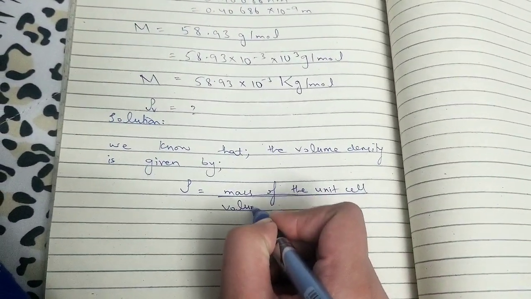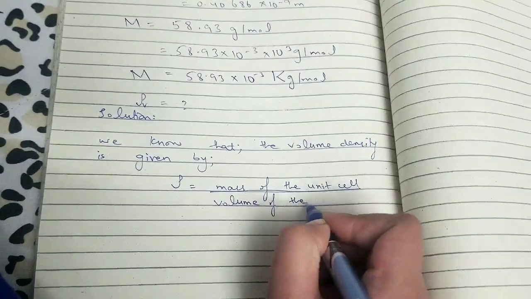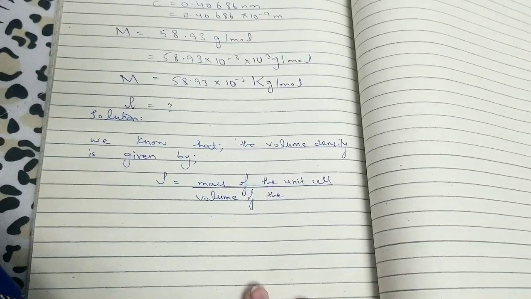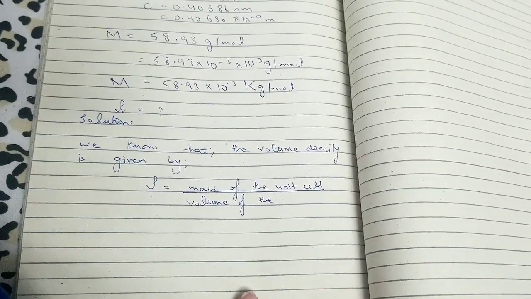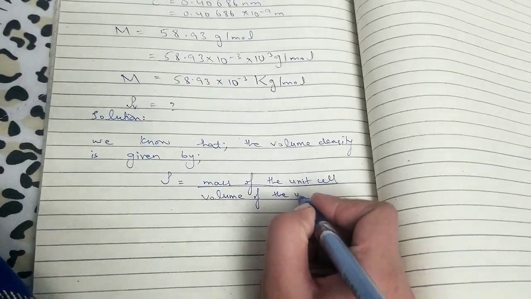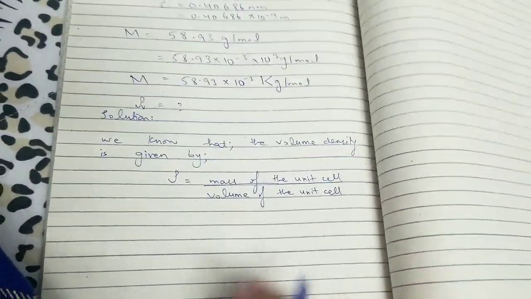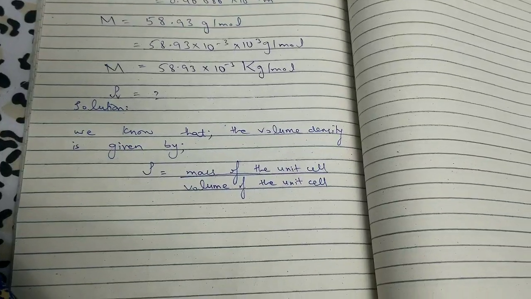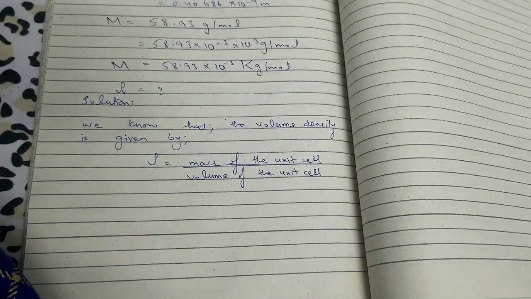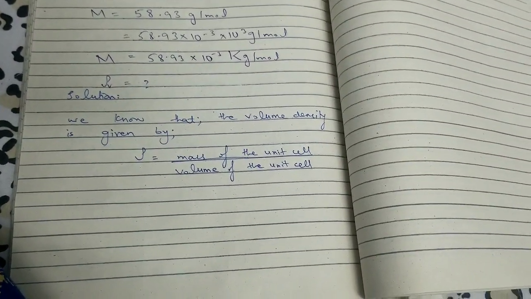We know that the density is usually given by the mass of the thing divided by the volume of the thing. So here we'll consider the unit cell of cobalt, which is HCP, in order to find its density. The density of cobalt is equal to the density of its unit cell.